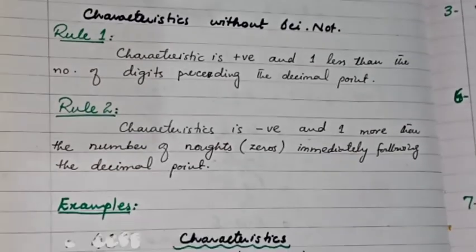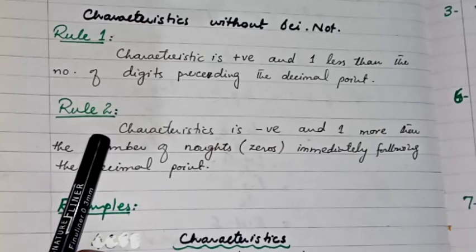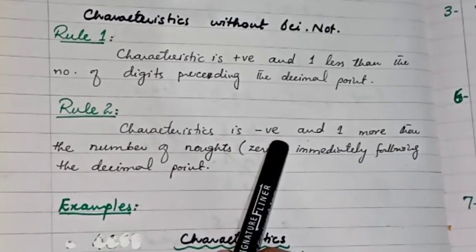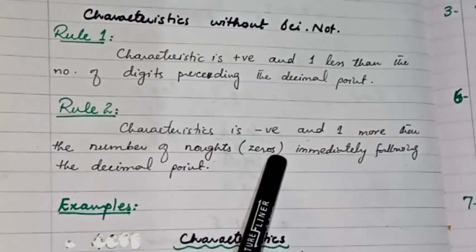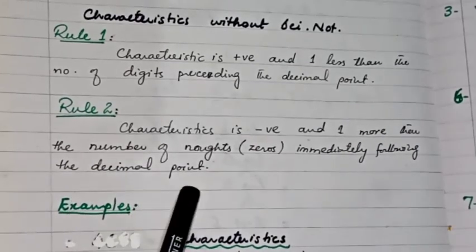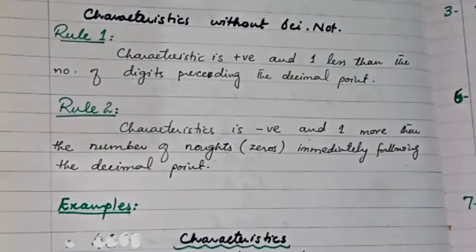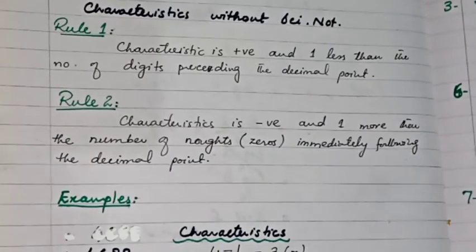And rule 2 will be applied on numbers less than 1. Characteristic is negative and 1 more than the number of zeros immediately following the decimal point. So I am explaining these two rules with the help of examples here.